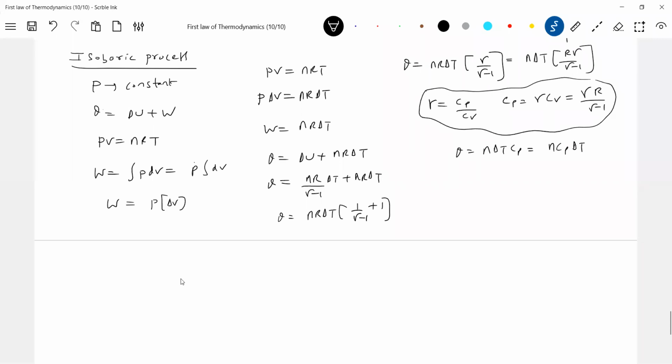That's the one thing. Next again, how are Q and delta U related? Let me proceed further. We know delta U equal to nR delta T by gamma minus 1.